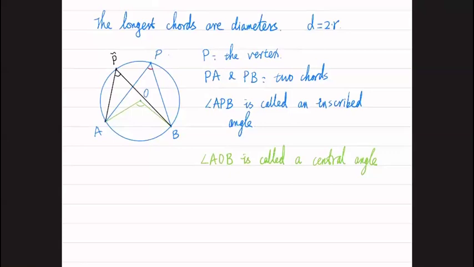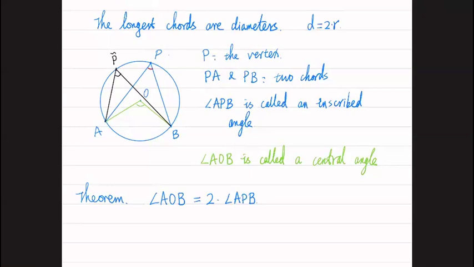This is our next theorem. Angle AOB is twice angle APB.